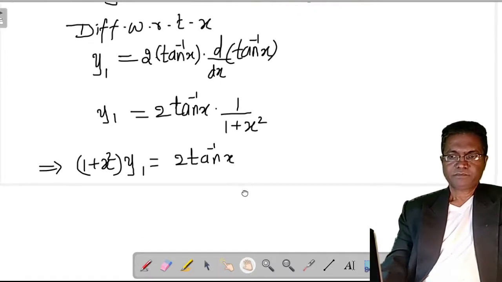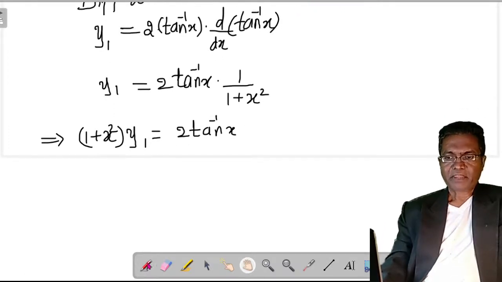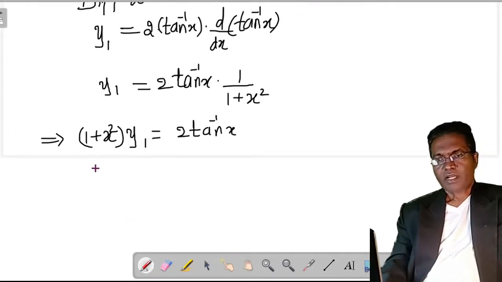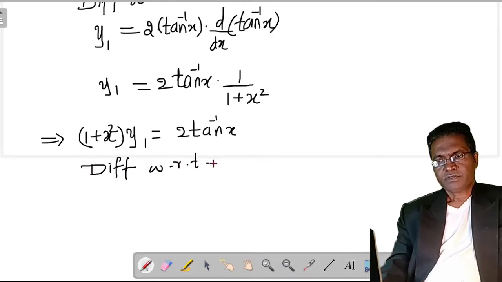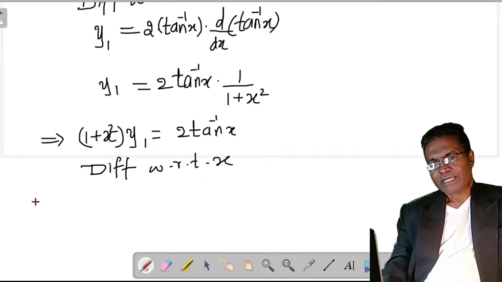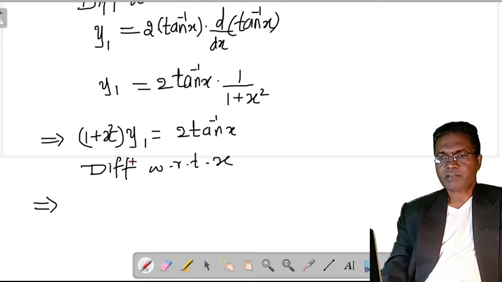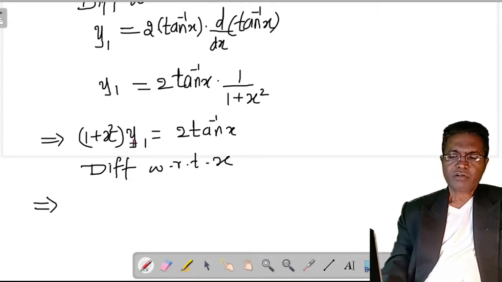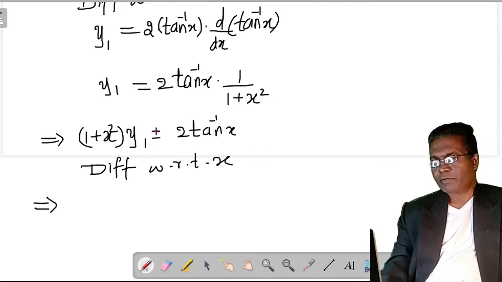Okay, now you can differentiate with respect to x again, because we are interested in a relation consisting of y1 and y2. So you have got one relation with y1, so for y2 you need to differentiate once again. Now you have to apply product rule.